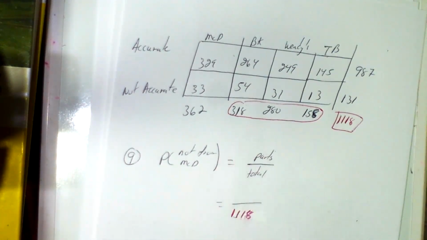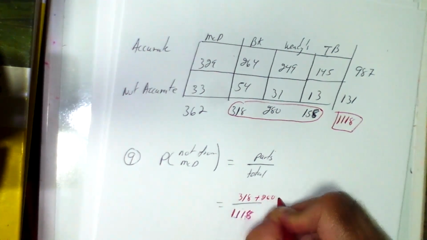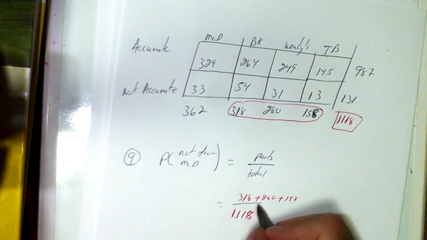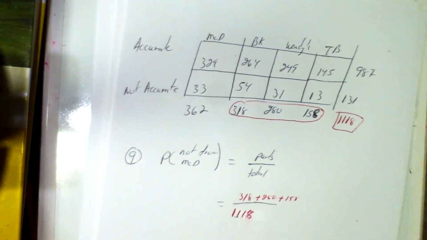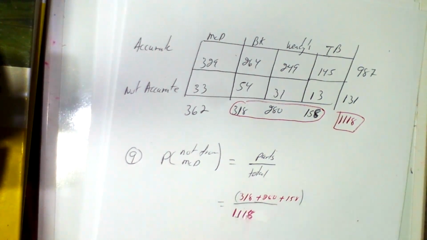So I'm going to add 318 plus 280 plus the 158, and that'll be the top part of my formula over 1118. Those are the ones that were not from McDonald's.